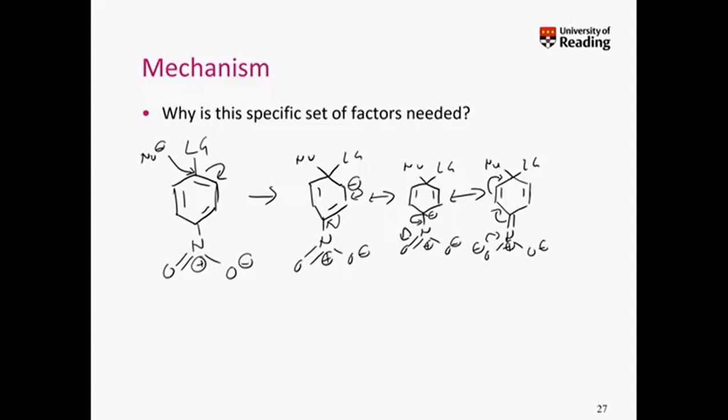And the one that it's going to break is the one with the leaving group, because that's going to give the most stable result. It's the leaving group that will leave. So we can do that. And the result is we've added the nucleophile to the ring.